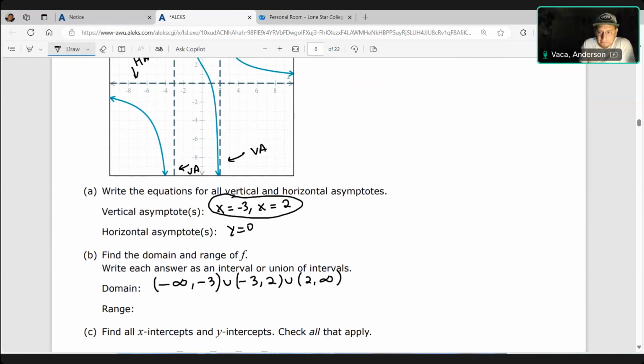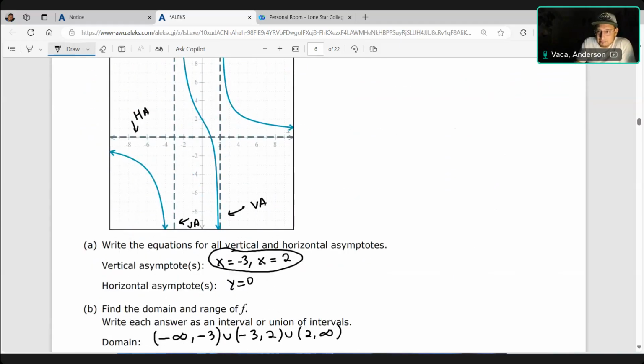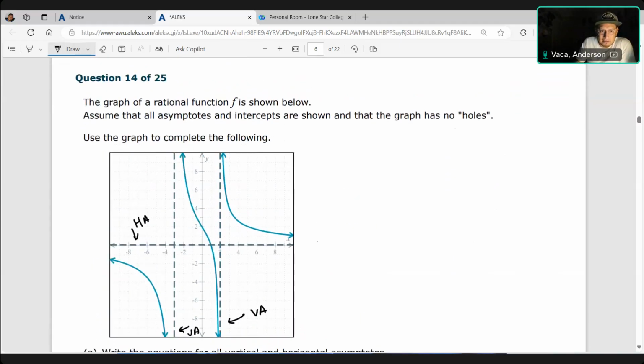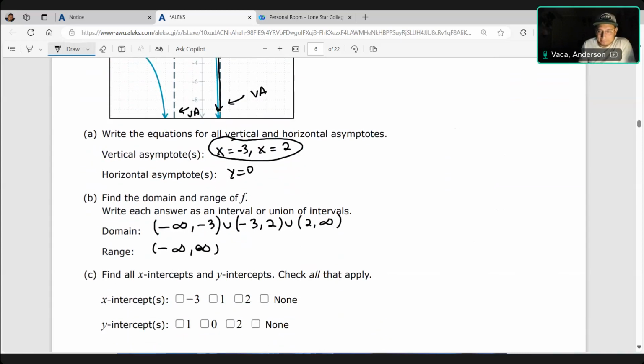The range for this example is a little tricky, because this guy right here really does cover all the values of y. So when I might have assumed that y equals 0 would have been skipped, it got covered by the middle section. So here is all real numbers. So that was a little tricky, and you know, it is what it is.